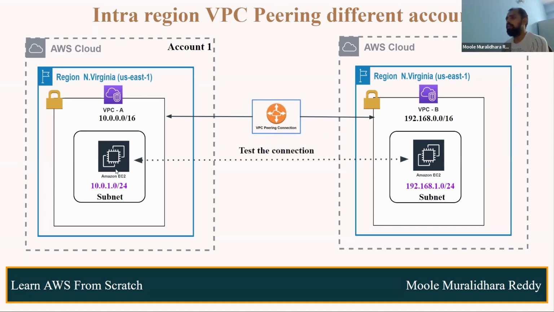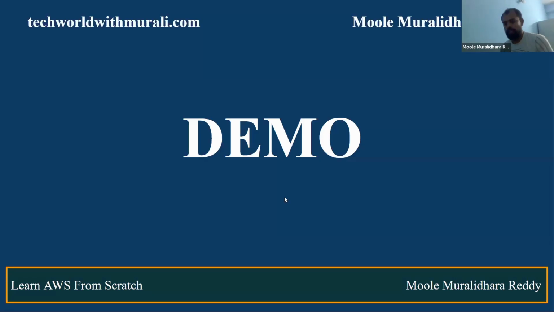We already have an EC2 instance in each AWS account under the VPCs, so we will test the connection using the ping command. If the ping works, it means two different VPCs in two different AWS accounts have connectivity. Clear? Let's see the demo so that you get some idea.